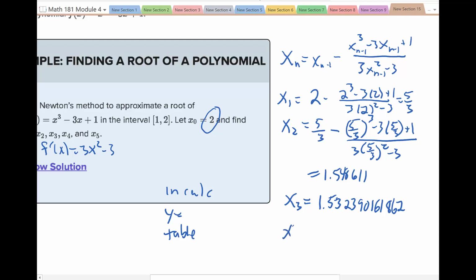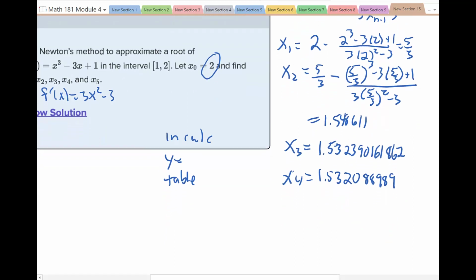x4 equals 1.532088989. Now I want to point out that 1.532 is pretty well defined there.